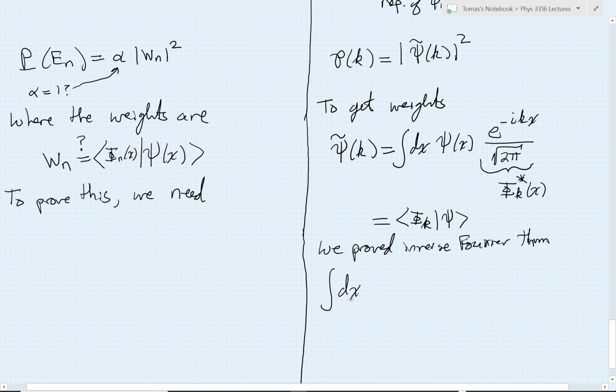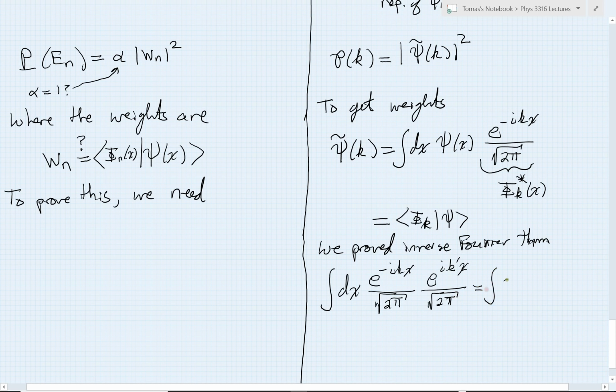If I have an integral over dx of e to the minus ikx over the square root of 2 pi, multiplying e to the i k prime x over the square root of 2 pi, you might recall what that gave us.